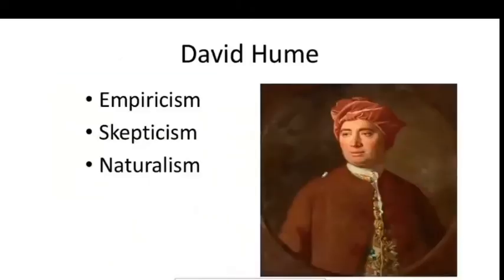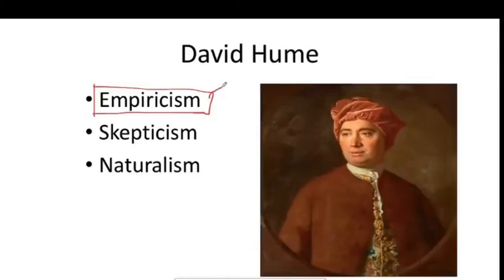Now, David Hume is one of the proponents of three schools of thought: empiricism, skepticism, and naturalism. The belief of empiricism is that the main source of happiness and the main source of truth is sense experience. Okay, so you should experience something so that you'll believe that it's true, so that you'll find happiness.